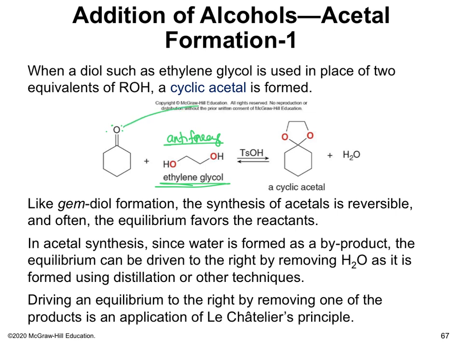Tosic acid, so this is going to get protonated. You can just do that with the protonation. Because this is a weak nucleophile, you're going to find this is a protecting group, PG protecting group. This is going to add like so.